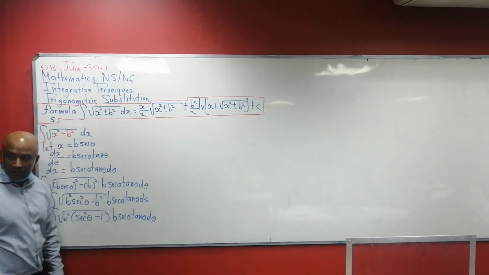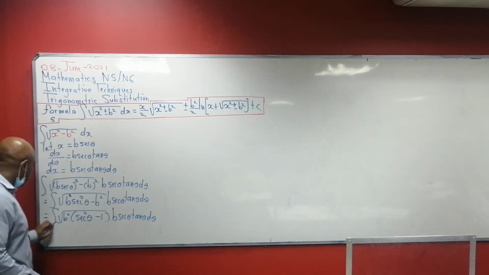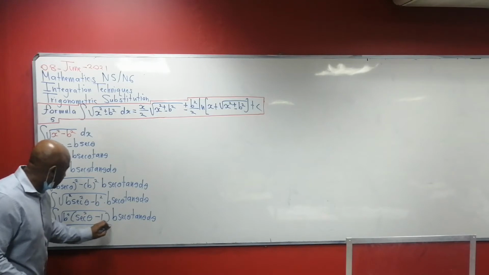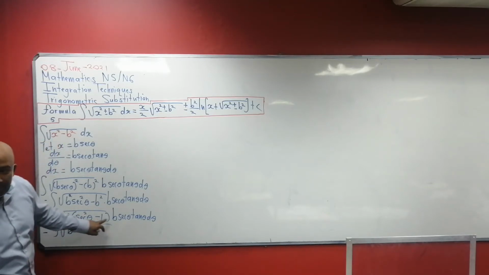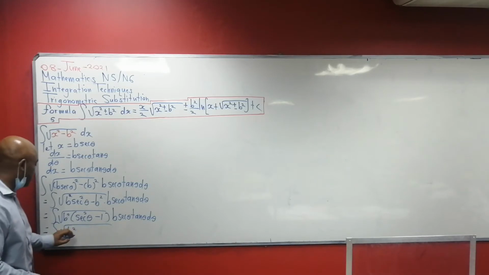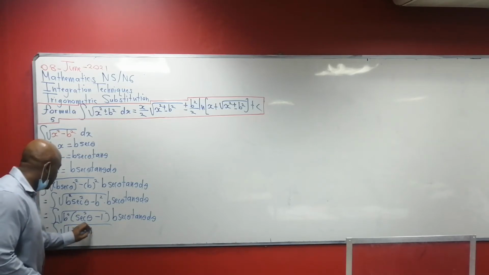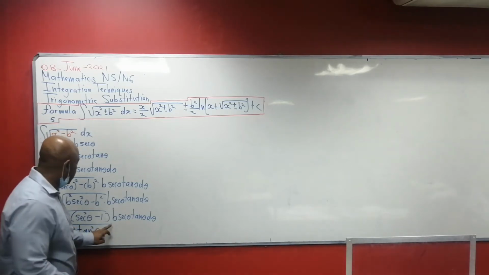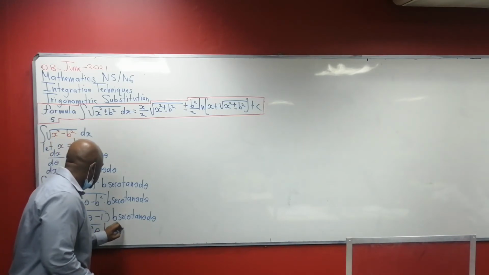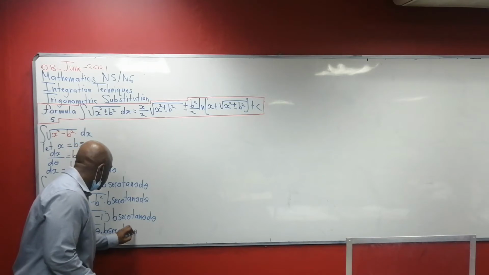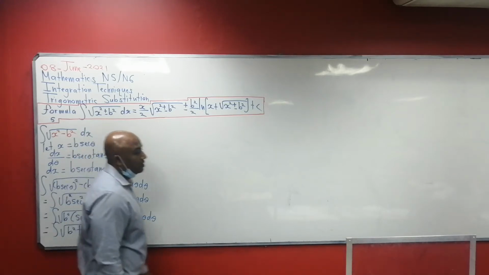So now, here I have the integral of b squared, and we know sec squared minus 1 is equal to tan squared theta times my b sec theta tan theta d theta.